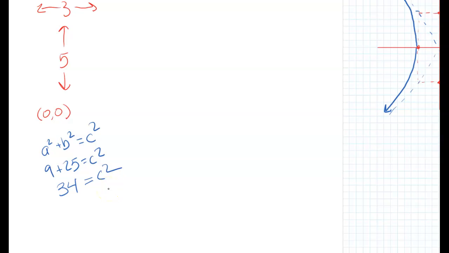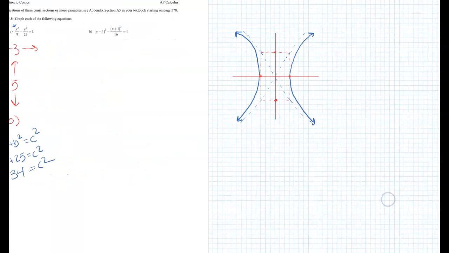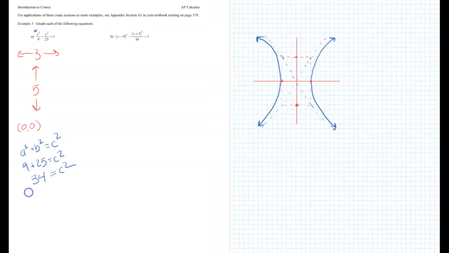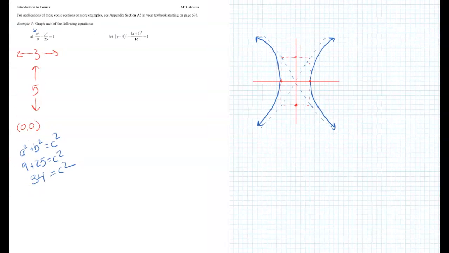All in all, c should be 5 point something. So c should be 5.9, 5.8. Nope, yep, 5.8. So 1, 2, 3, 4, 5.8 should be close to 6, but it's not. Alright, so there's my focus.